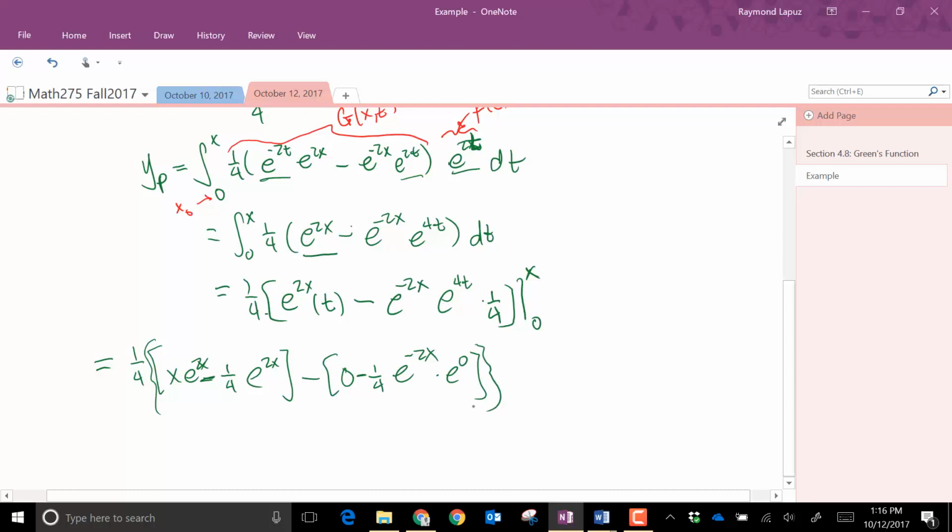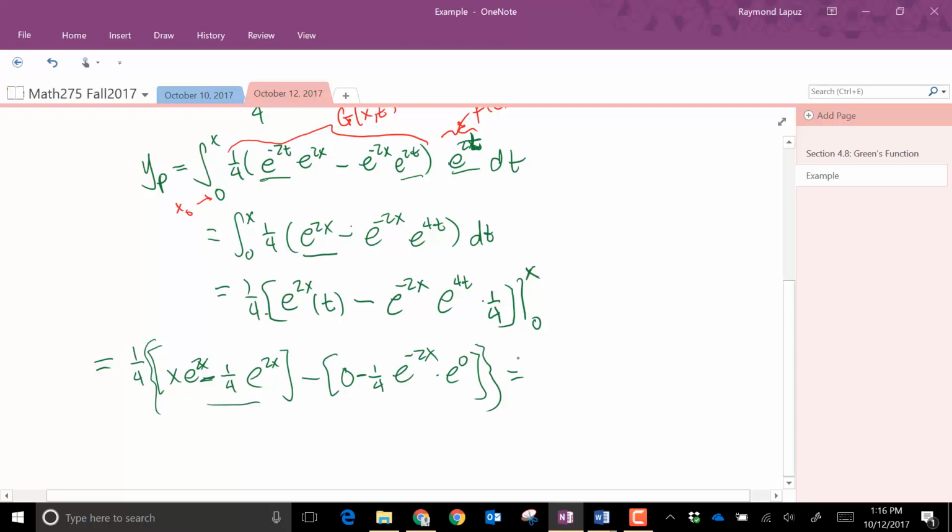So now we're dealing with essentially a definite integral. And then we can just simplify everything out. Can we combine anything? I thought we can combine these two, but we can't.